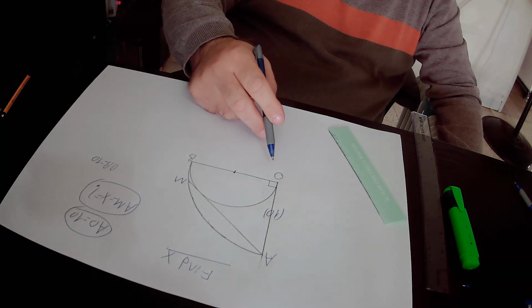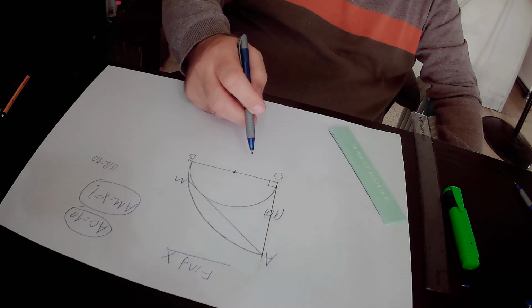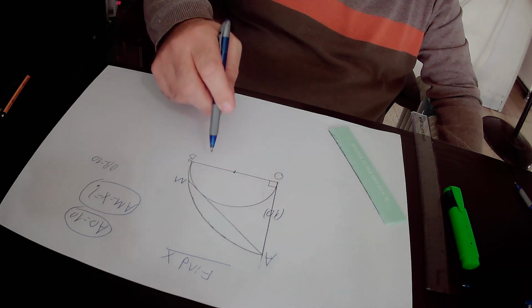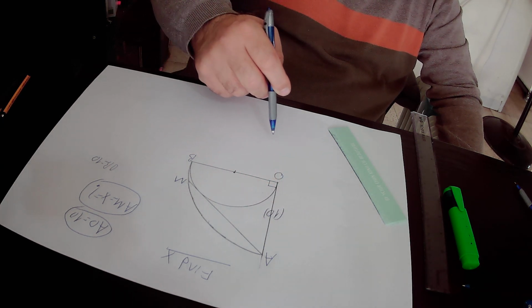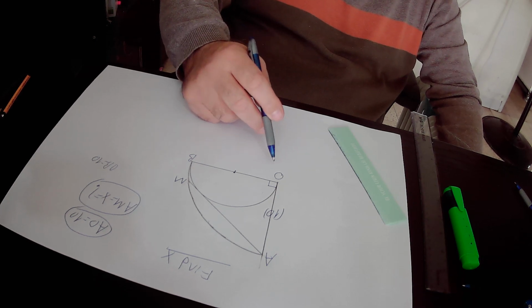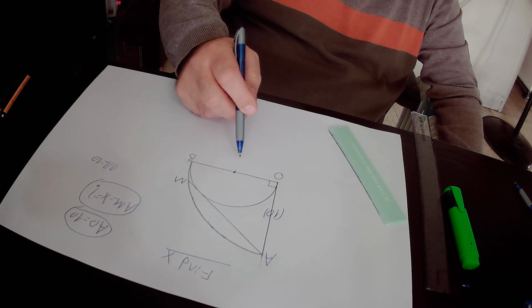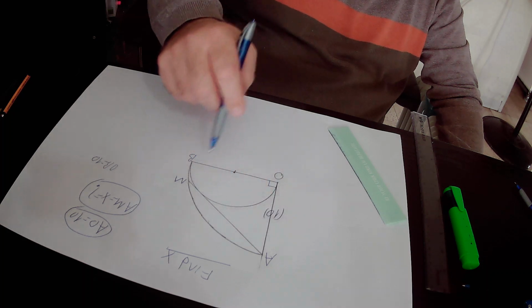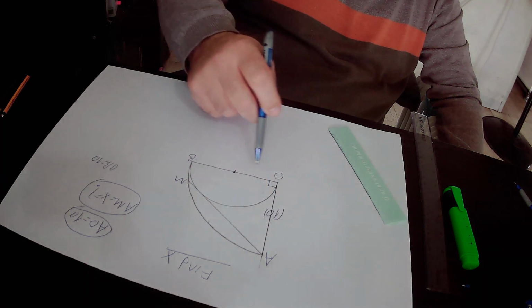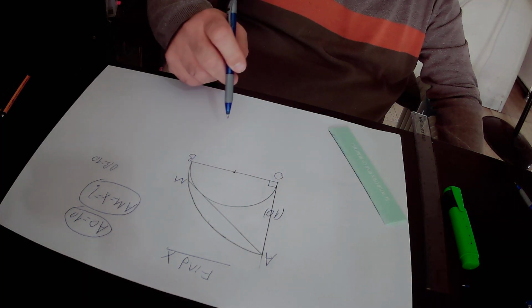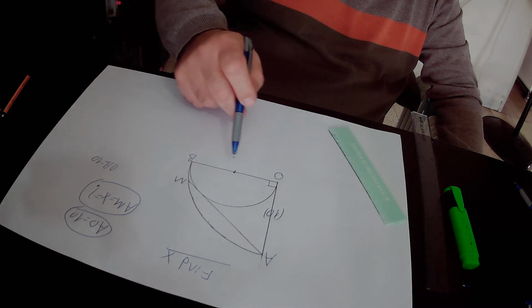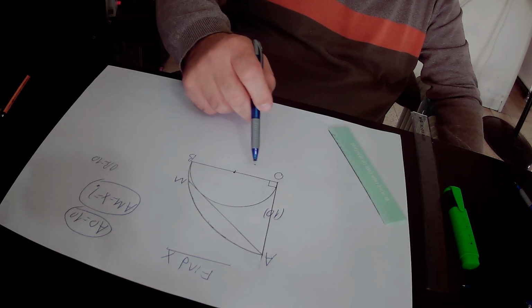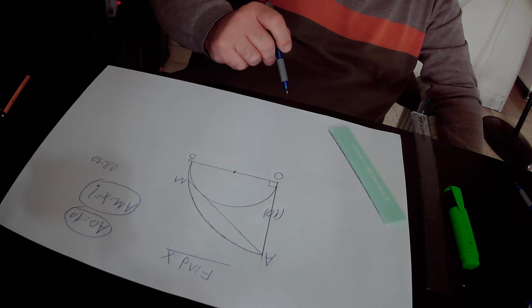OB is not only the radius of this quarter circle, but it is also the diameter of the semicircle. So the diameter of this semicircle, OB, equals 10 units.